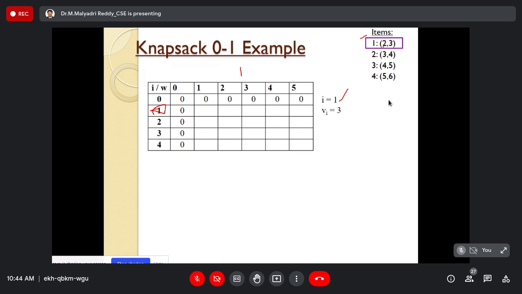This is the weight, 2 is the weight, 3 is the profit. The weights are 3, 4, and 2, sir, for the first object. No operation going on, first object only. Okay, sir. Next.